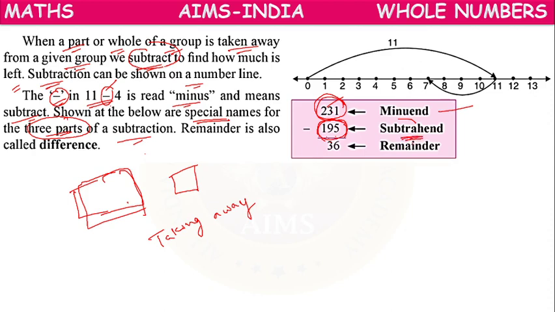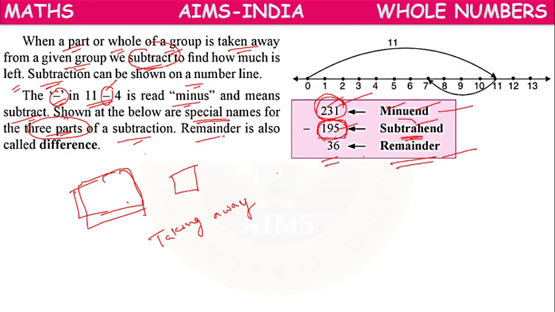After the subtraction, the remaining part is called remainder. Like this, the whole part is minuend, the part to be subtracted is subtrahend, and the result is remainder. Like this, we have 3 parts in subtraction.